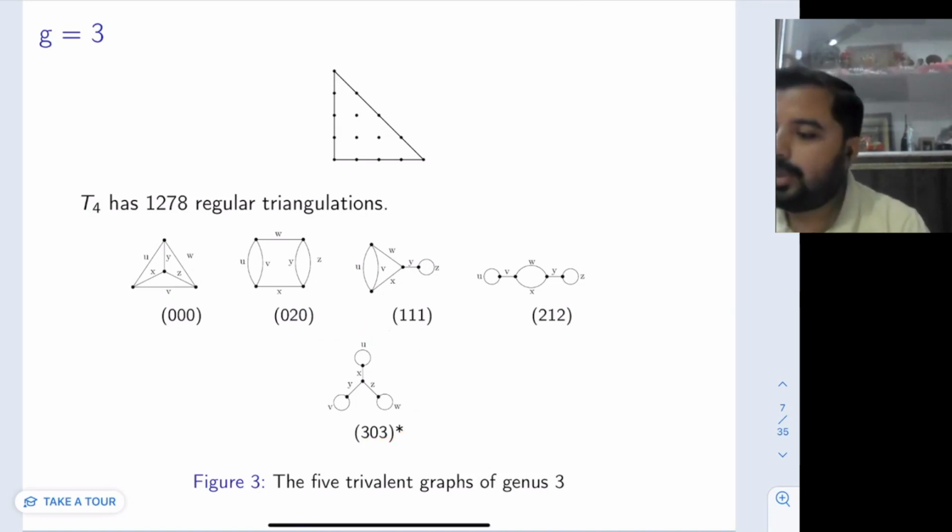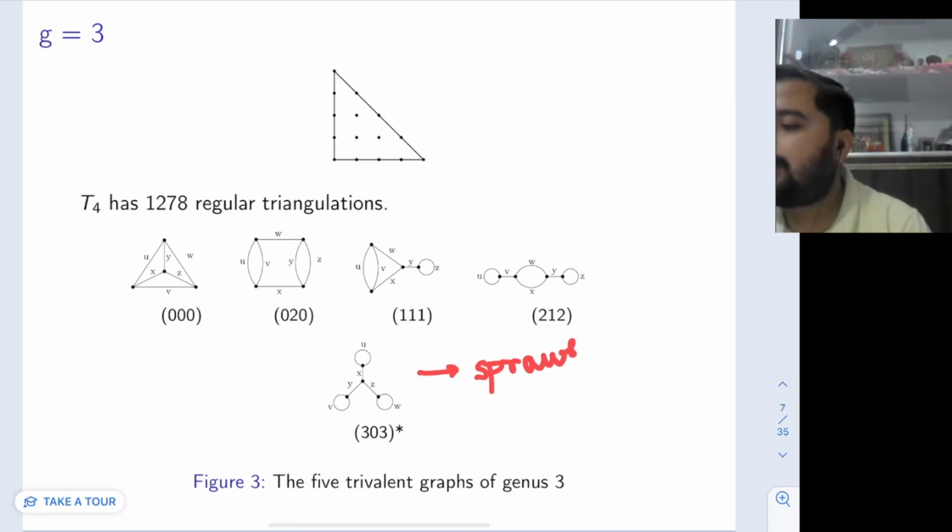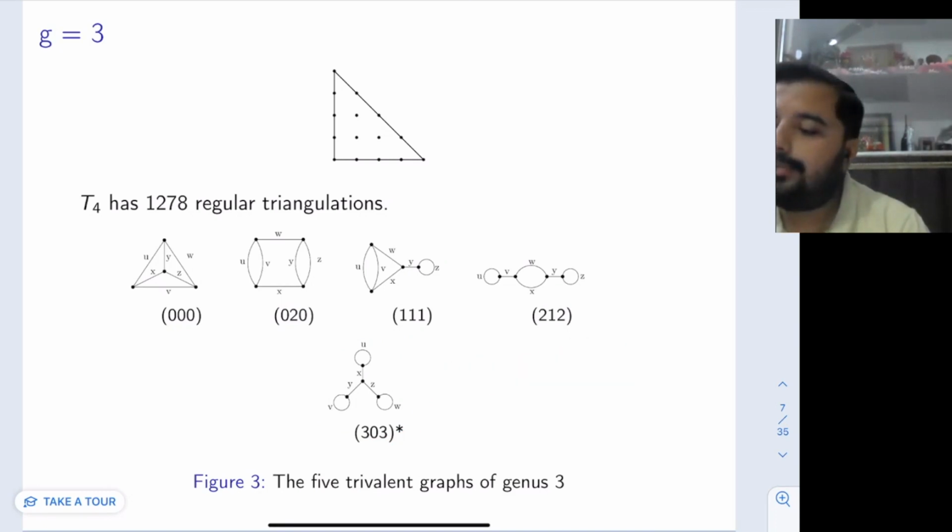And so this graph was termed sprawling. Sprawling is a trivalent graph such that there is a vertex such that all edges coming out of it are cut edges. So in this, all 3 are cut edges, and hence this graph is sprawling.